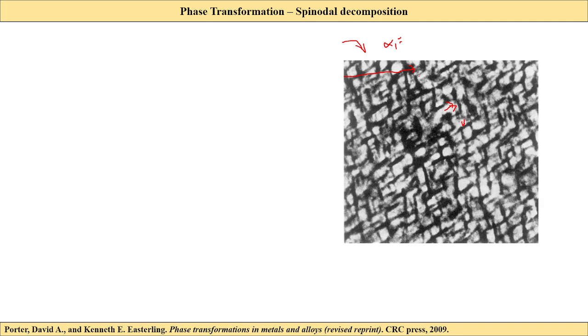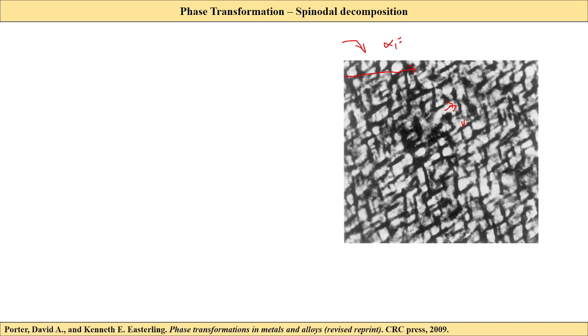Binodal decomposition has the double derivative of free energy with respect to composition positive, but for spinodal decomposition the same is negative.